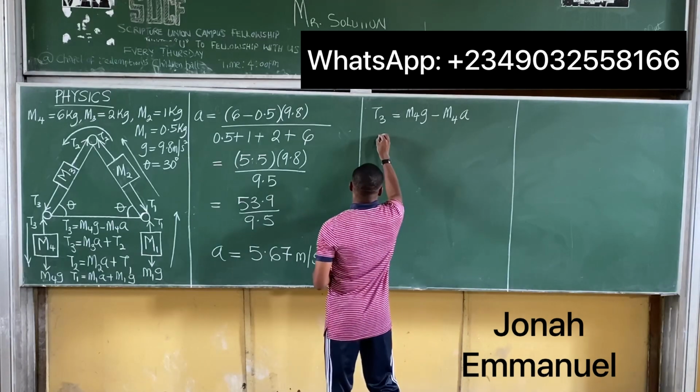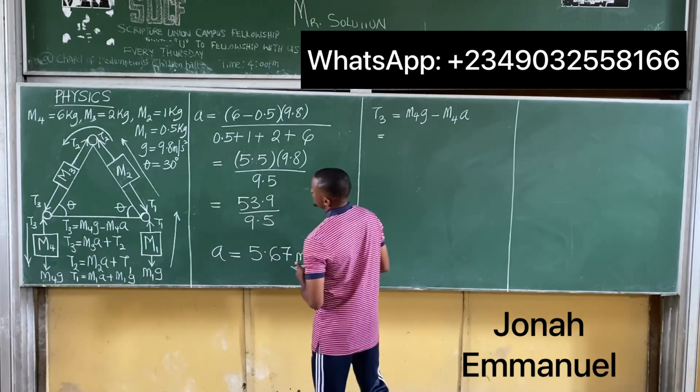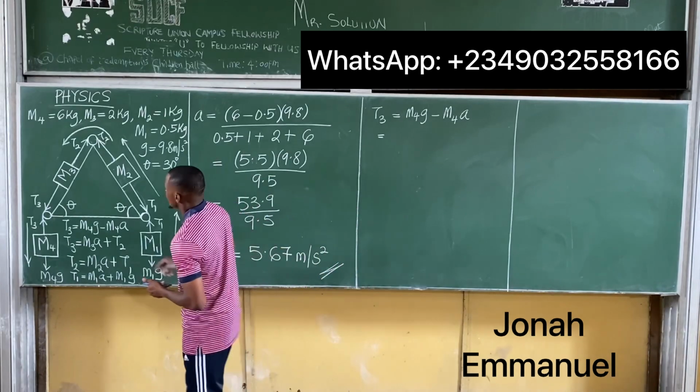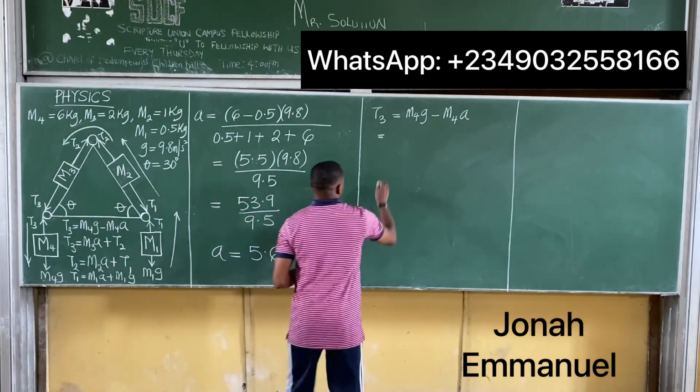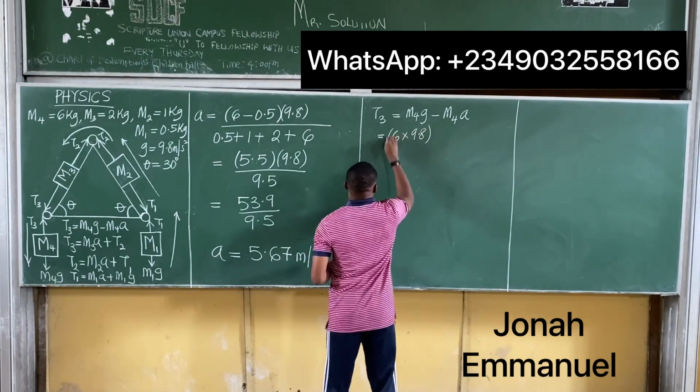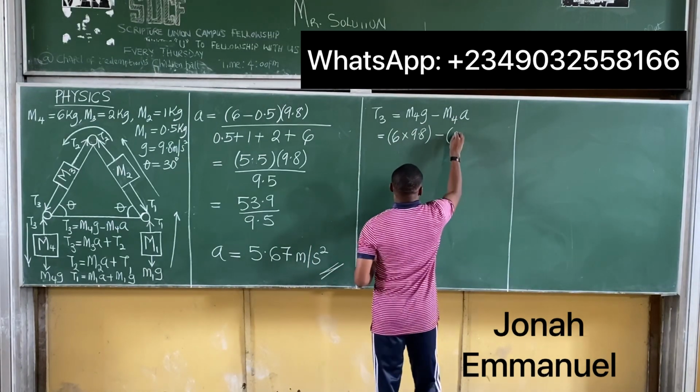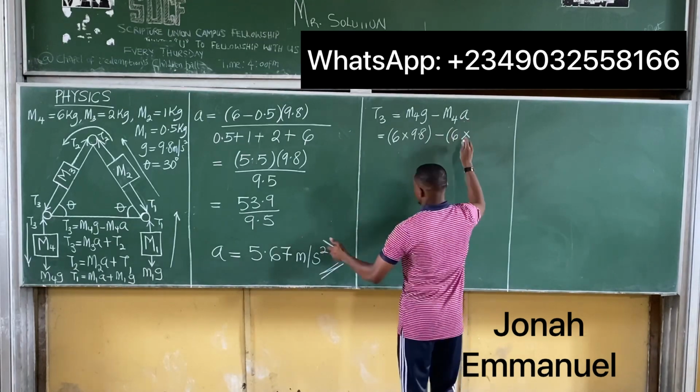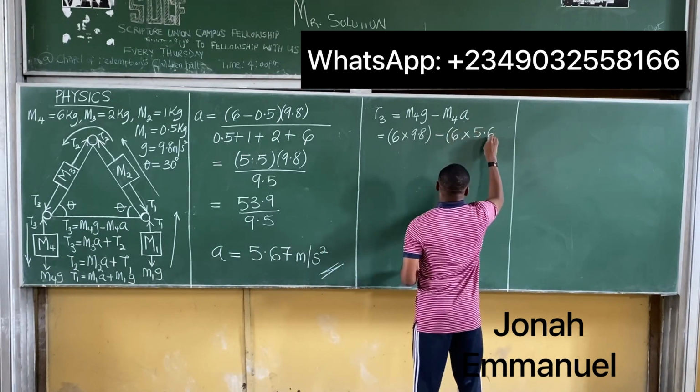All right, so replace the values. That's equal to M4 times G. M4 is 6. So that's 6 times 9.8 minus 6 times A, which is 5.67.